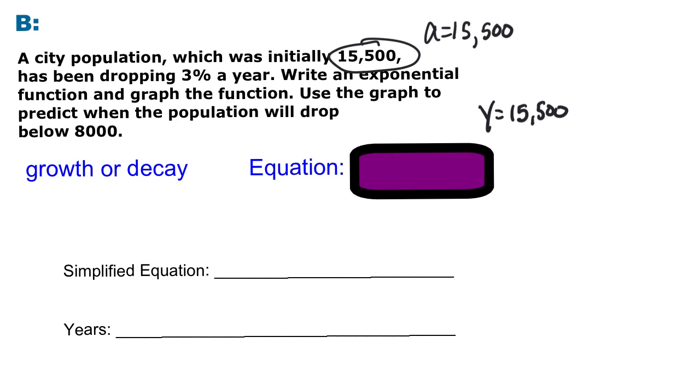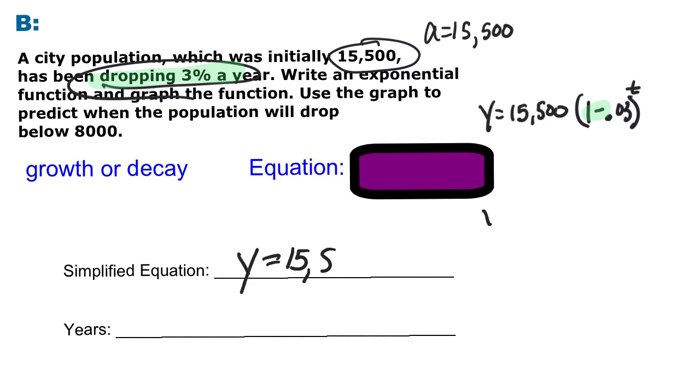That's your A. Our b value, we're going to have to calculate. It's going to be 1 minus 0.03 to the t power, because this one is dropping or going down, so that's why it's subtraction right there. I can clean this up a little bit and say that my equation is y equals 15,500 times 0.97 to the t.